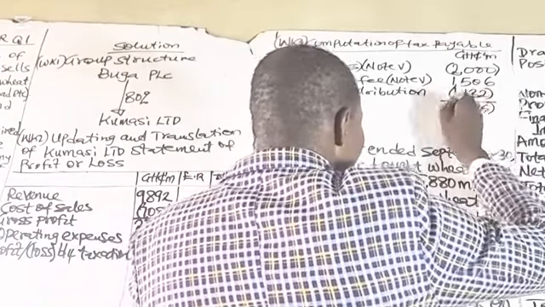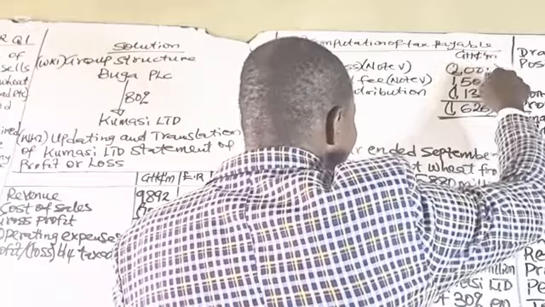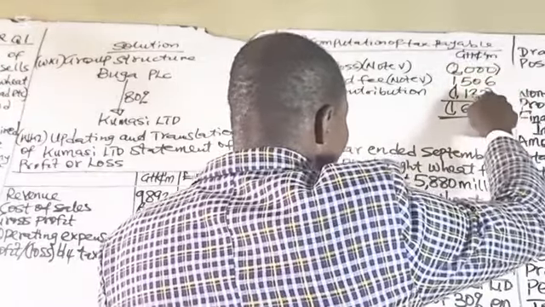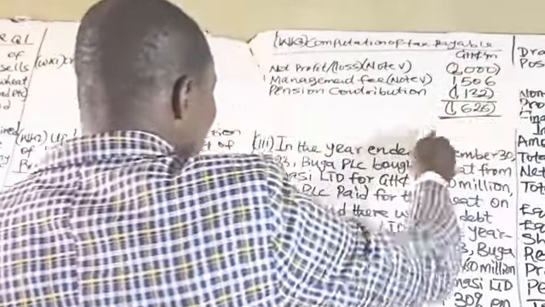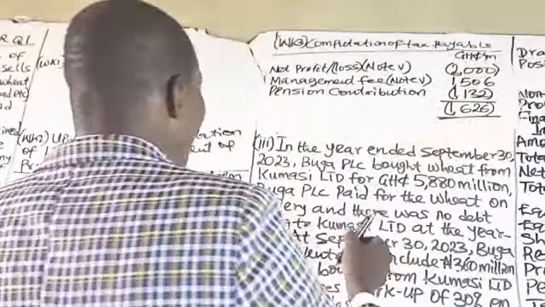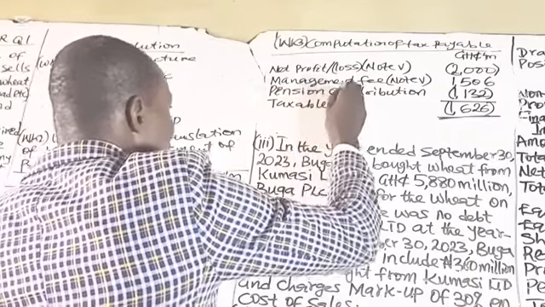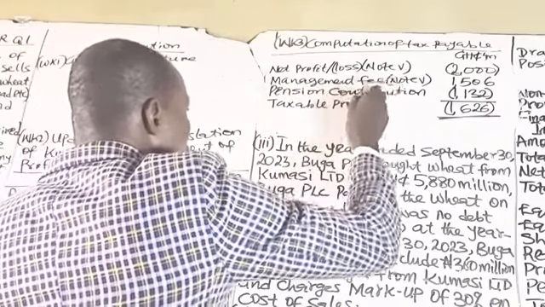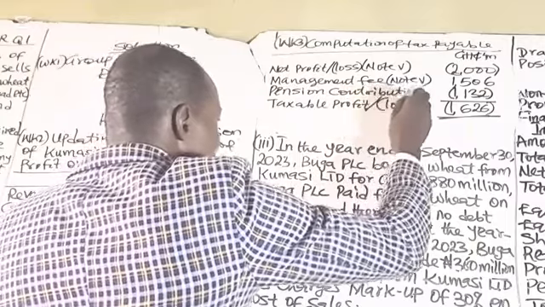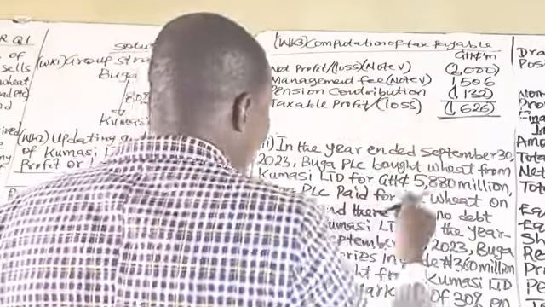This is negative. Minus 2000 plus 1506 minus 1132. It gives you this. So this is taxable profit or loss in bracket. Since it is a loss, that is why we bracket it.